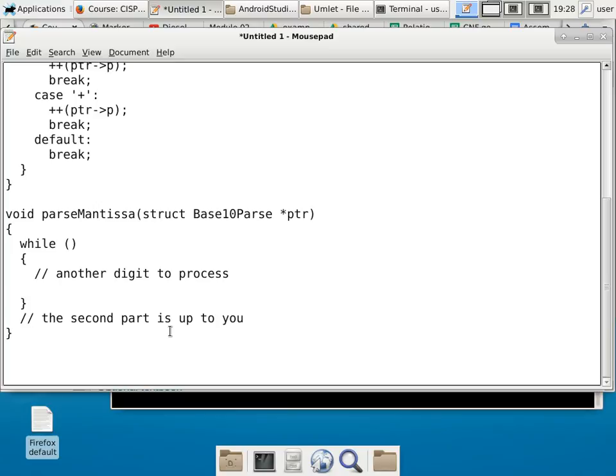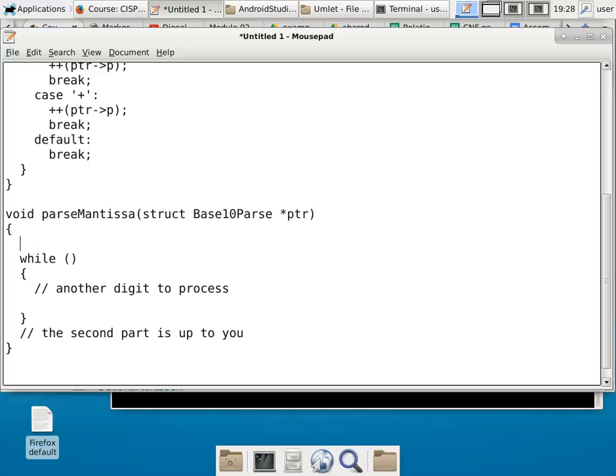So if I know that ptr->p is pointing to a digit, I can just keep track of a local variable. So I'm going to give myself a local variable, and this has to have the same type as the mantissa itself. So we'll just call that TMP for a temporary variable.